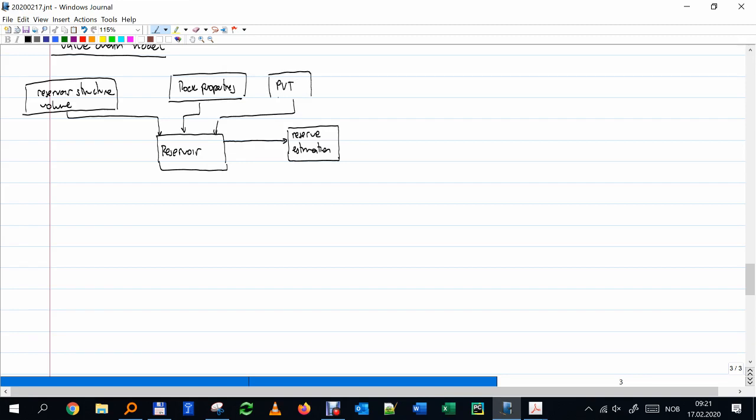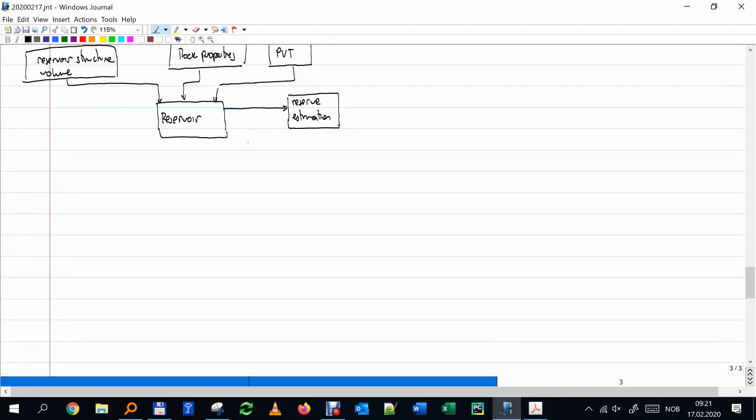Okay, some sort of PVT model. Then I can use that model. Sometimes I simply use that directly. If I already have a reservoir model and I don't do any coupling, I simply can use that to compute production profiles.